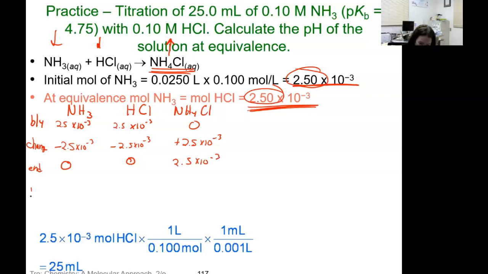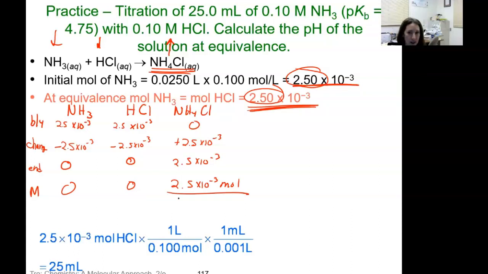Now, if we want our new molarity, we have none of this, we have none of this. But remember, this is going to be 2.5 times 10 to the negative 3 moles over, what's our volume? Very commonly missed here.